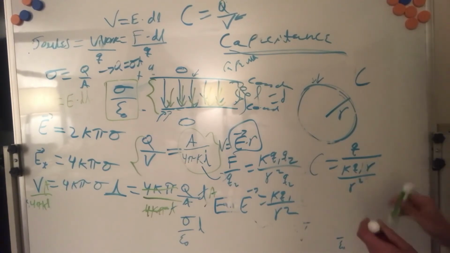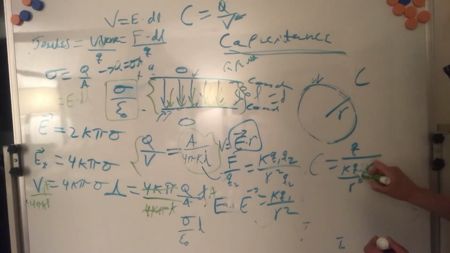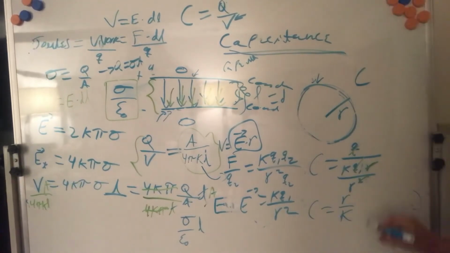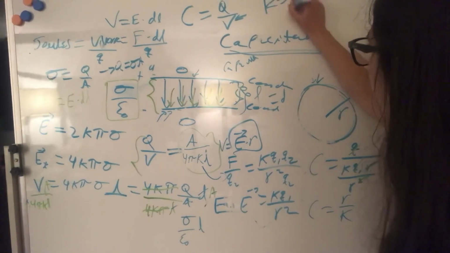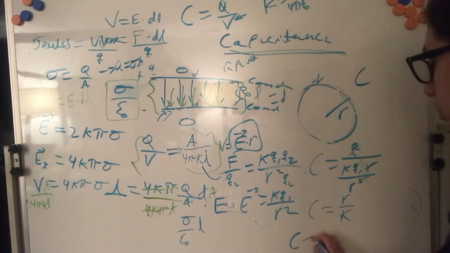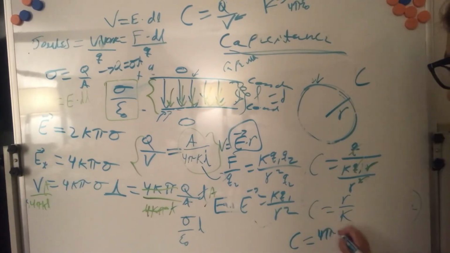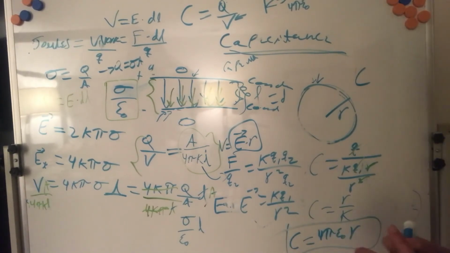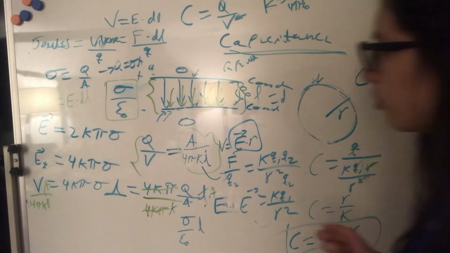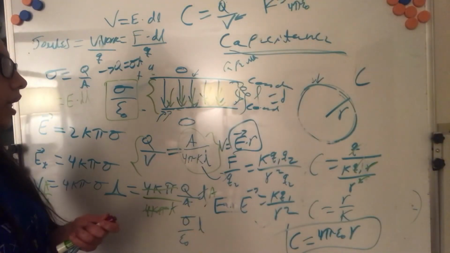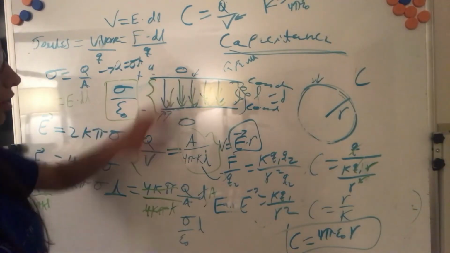Cancelling, I just have that the capacitance is r divided by k, because k is equal to 1 over 4 pi epsilon naught, then C would be equal to 4 pi epsilon naught times the radius of the sphere. So this is the capacitance of a sphere, measured in farads, and in the next video we will see what is the energy that could be stored in this condenser.